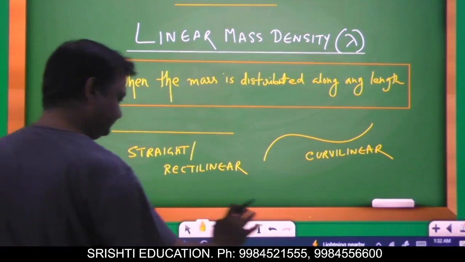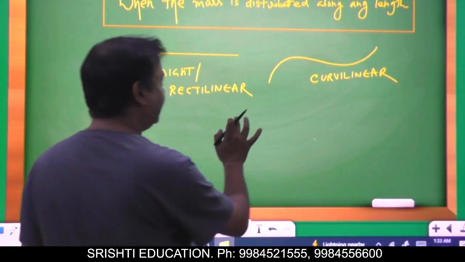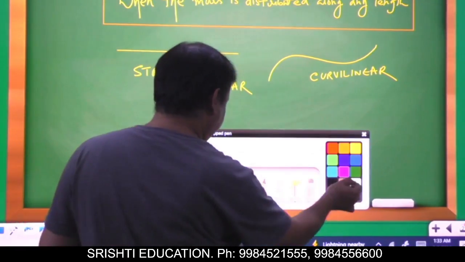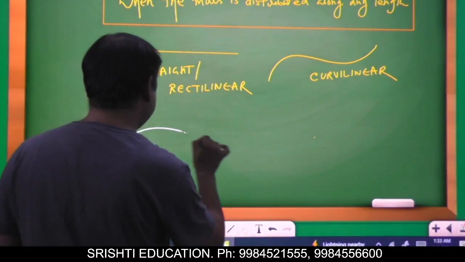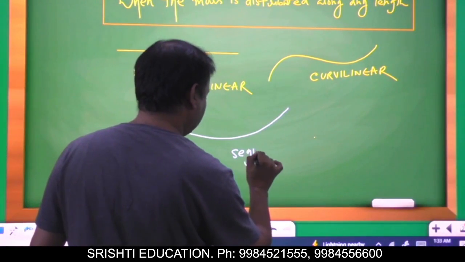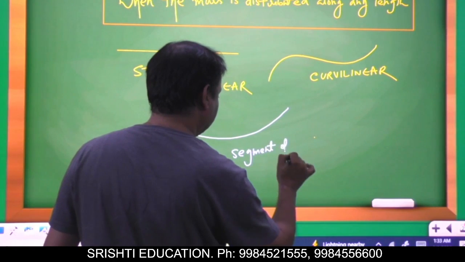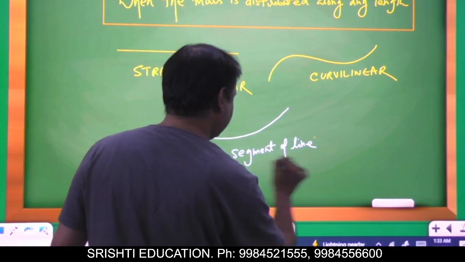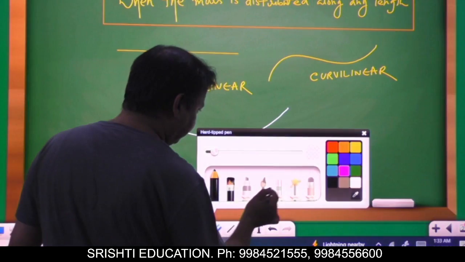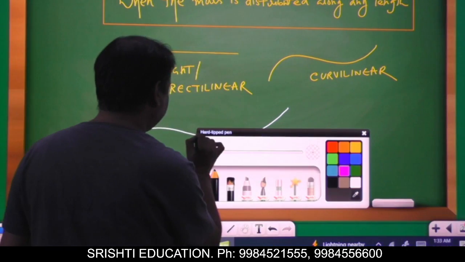Got it? Now let's see how we define the linear mass density, since it is the property of a point. So say we have some segment of line. In the previous lecture we have seen at any point we can take a particle in the form of infinitesimal element.